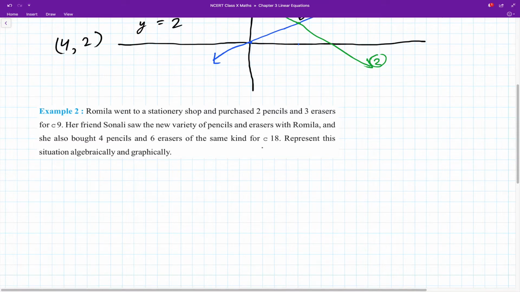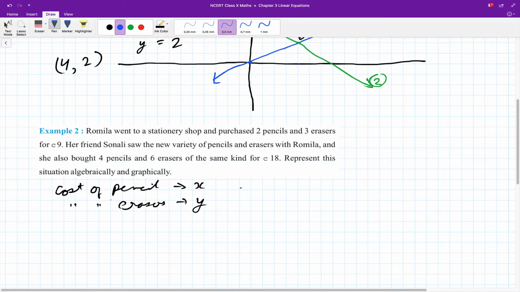So the thing we need to find out is the cost of a pencil and the cost of an eraser. These are our 2 variables. So let's assume the cost of a pencil as x and the cost of an eraser as y.